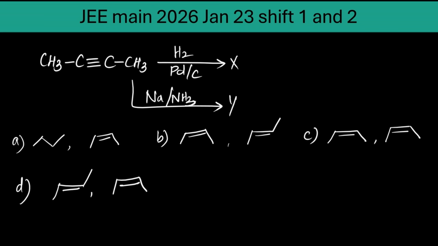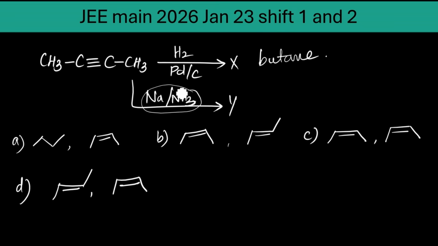Then the next one, with this it is forming X and Y. What are X and Y? The first reaction is a simple reduction. Addition of hydrogen will happen. Hydrogen and palladium present, so which will give you butane. Hydrogen in the presence of palladium undergoes complete hydrogenation. And then next I have Na/NH3.